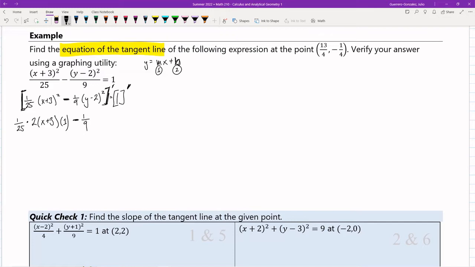It's exactly how you think it is, times, I'm going to drop the 2, y minus 2. Okay, that's the chain rule. Now I need to take the derivative of the inside. The derivative of y minus 2 is just y prime. This is what I mean. And that is it, we are done there. Is equal to the derivative of 1, which is 0.